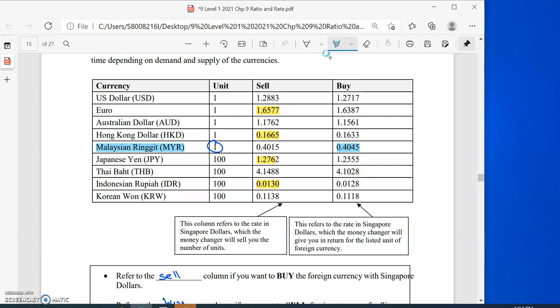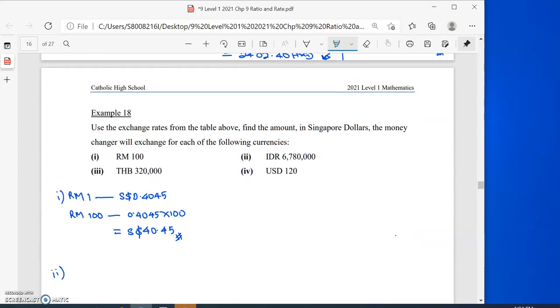What is the action of the money exchanger? He is going to buy the rupiah from you. So once again, Indonesia rupiah, we know that the money changer will pay you Singapore 0.0128 for 100 units of rupiah. Let's bring that down to the example.